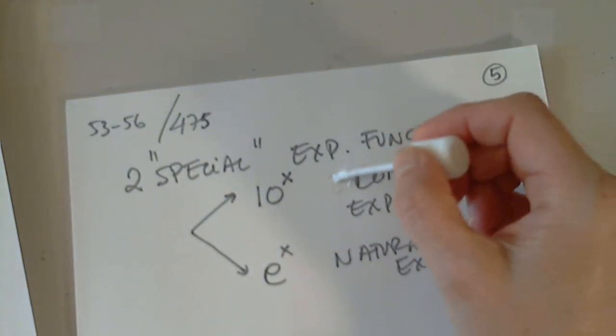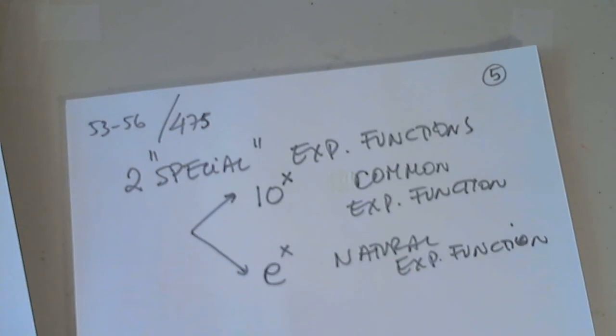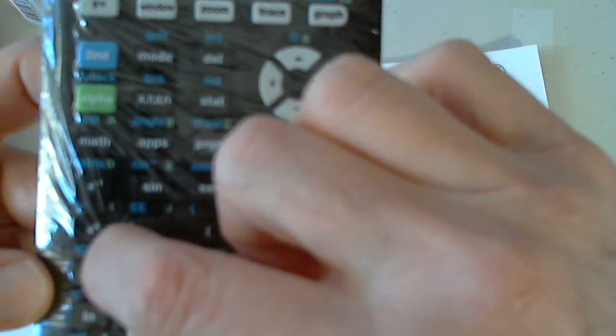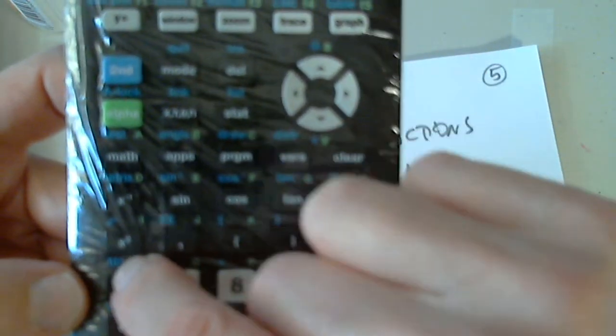So let's look at the calculators for a minute. Here it is. See right here in the back on the base of the calculator where it says log, next to it it's in blue or yellow depending on your calculator, and it will be activated with the second key, which is 10 to the x.